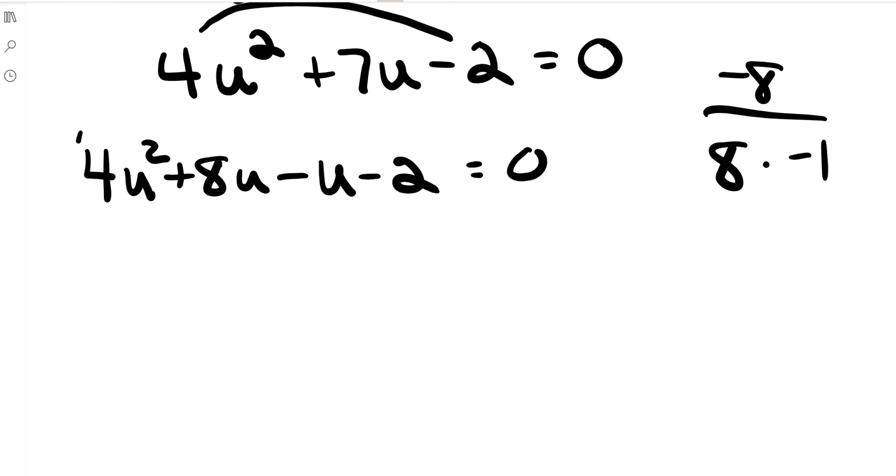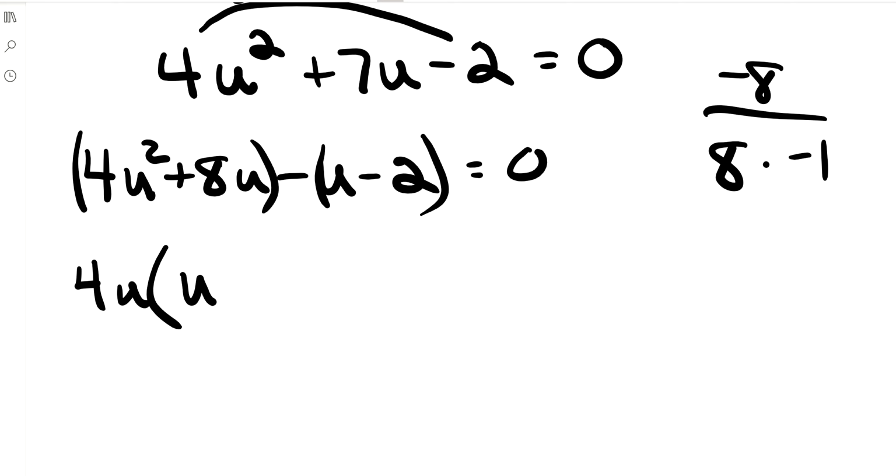All right, we'll group them now. And the first binomial here, I'm going to factor out a 4u. And what's left is u plus 2. I'll bring down my minus sign. Between a u and a 2, I can take out the 1. I want to make sure I do that, of course.